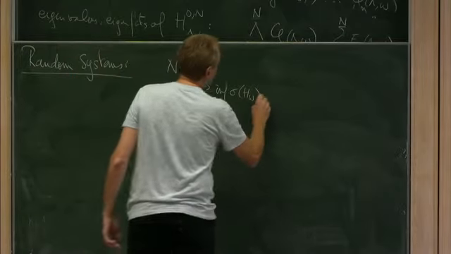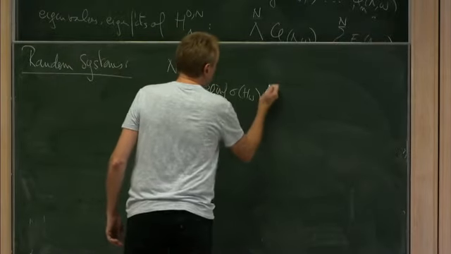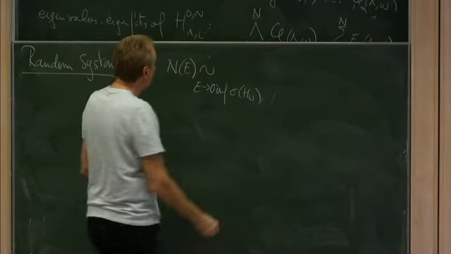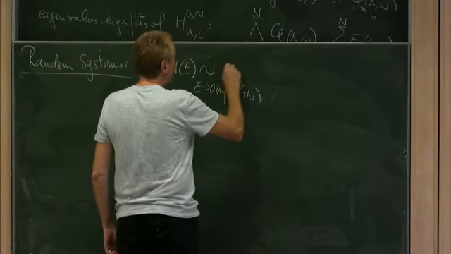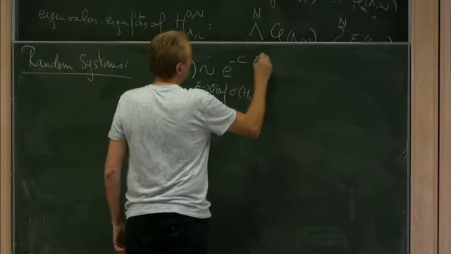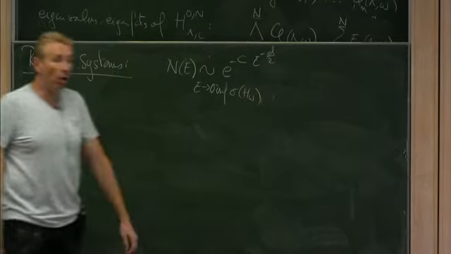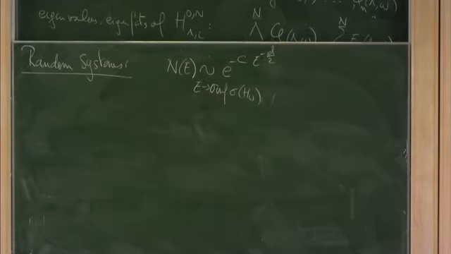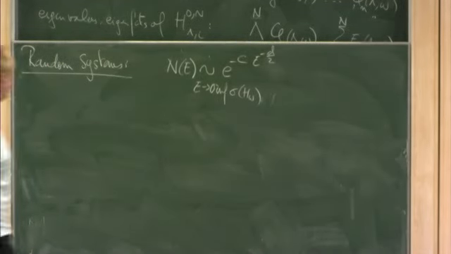Let's assume this is 0, otherwise shift things in energy. This typically behaves like a constant times E to the d over 2. So it typically decays very fast. That's a typical Lifshitz behavior.